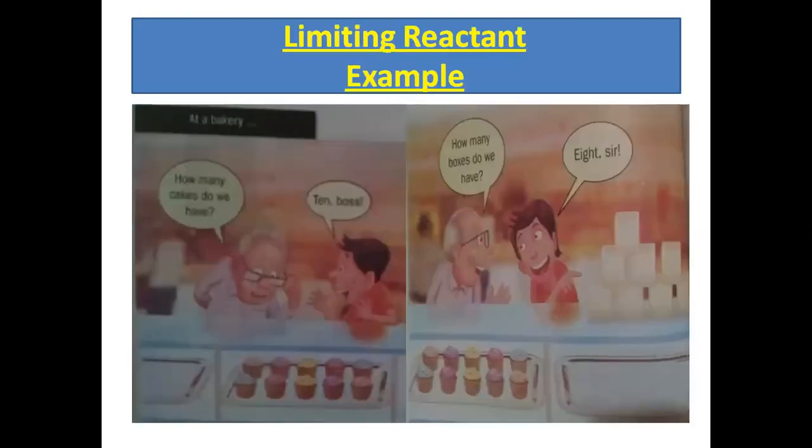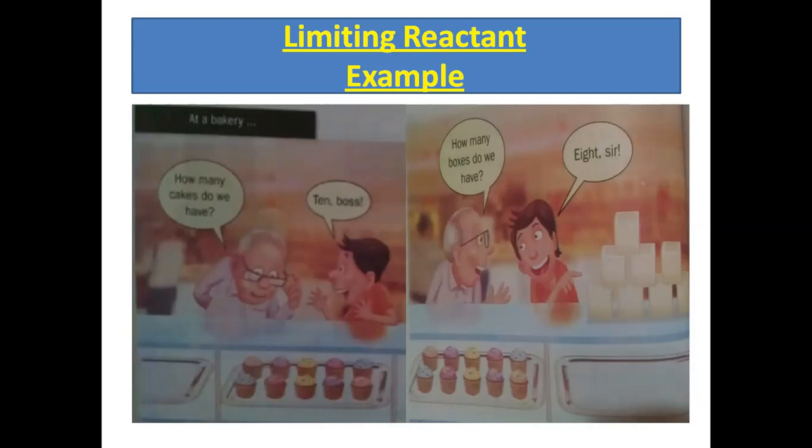We can explain this concept of limiting reactant with a very simple example. As you can see in the diagram, if a baker in a bakery has 10 cakes and 8 boxes, and he wants to sell all these cakes, he must need 10 boxes.